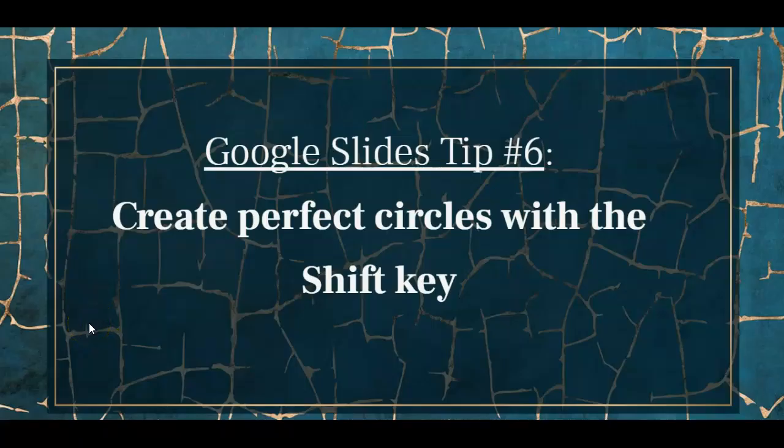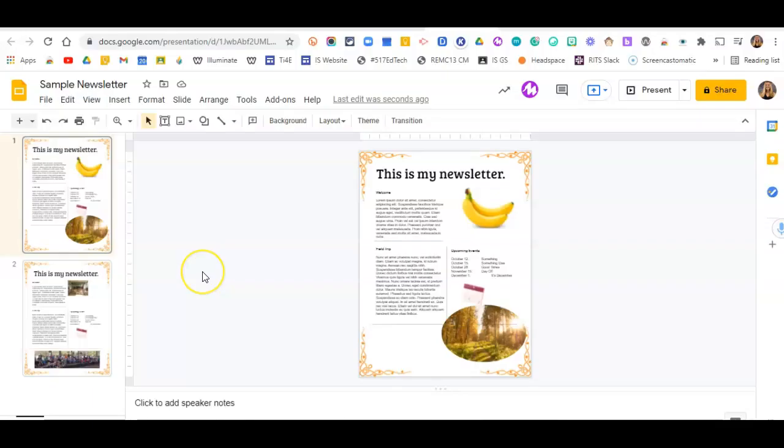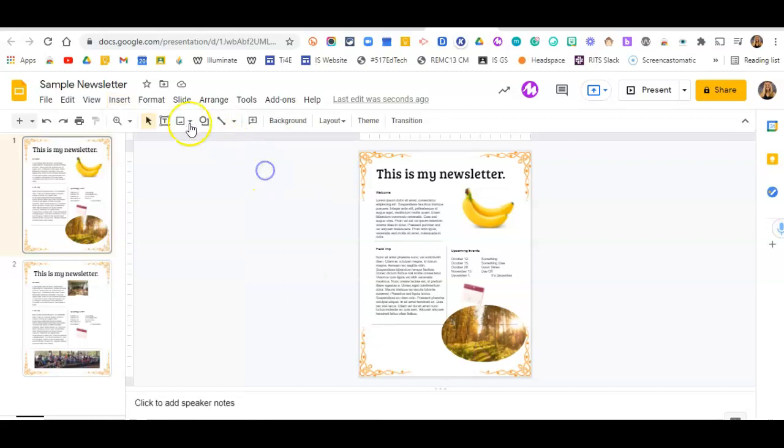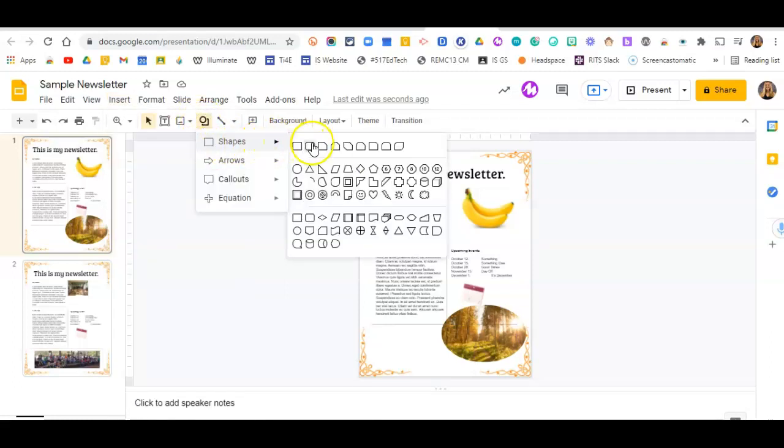The next tip, you can create perfectly shaped circles by holding down the Shift key. So I'll show you what that looks like. I can insert my shape by going Insert, Shape, or I can always use the shortcut. Then select my shape. Let's say I want to insert a circle.